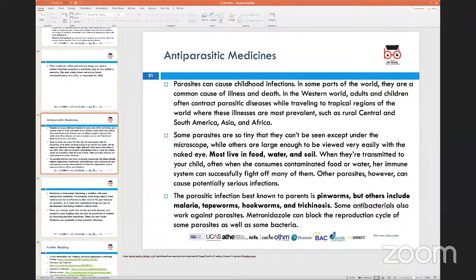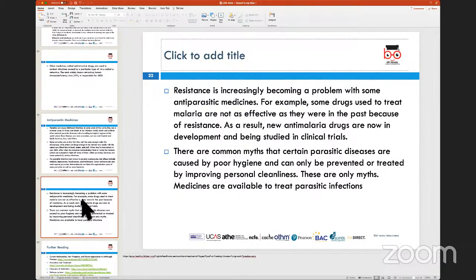There are different types of parasites which can infect humans, and depending on the parasite and which drug is going to be effective in treating that particular infection in the human body, we would use different types of anti-parasitic drugs or medication. They tend to be of types like albendazole. We look at, say, for example, ivermectin.